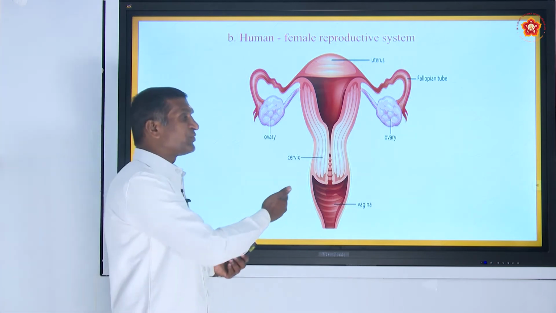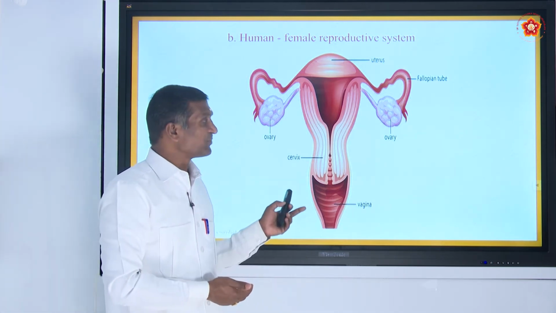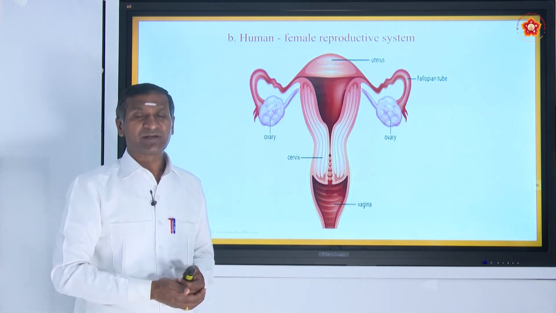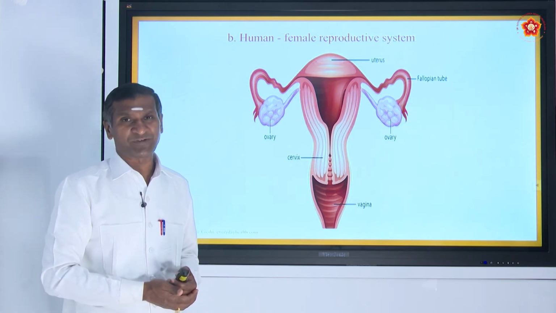Observe a very simple diagram, the side view of the human male reproductive system, and the human female reproductive system. We have already practiced these, and if you observe these diagrams with the parts, surely all of you can draw the best diagram. They are very important diagrams from the exam point of view also.